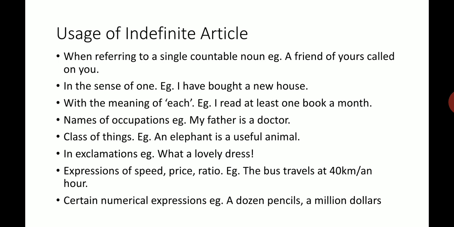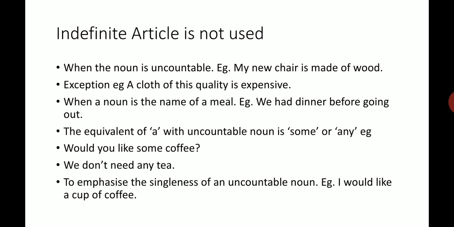All right. And now we come to the omission of indefinite article, the places where indefinite article is not used. When the noun is uncountable. For example, my new chair is made of wood. Can you count wood, children? No. Sand is used in making glass. Glass cannot be counted.